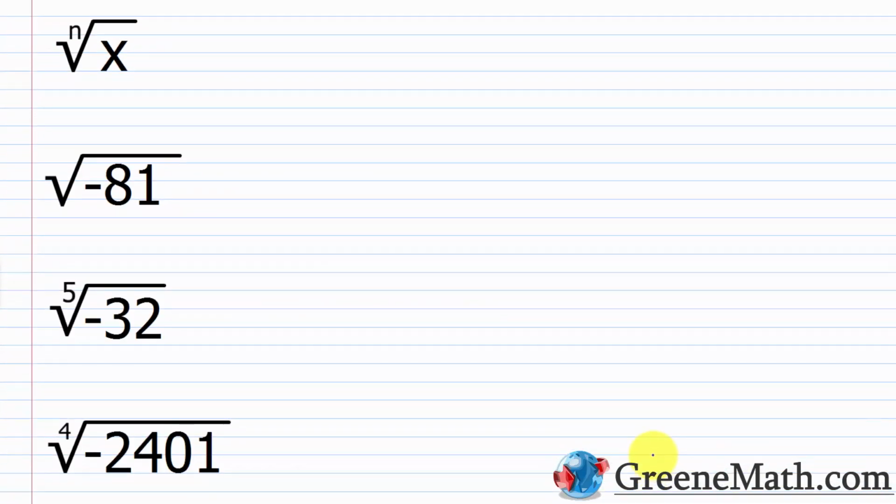All right, so let's talk a little bit about what happens when you work with variables. It's very important to understand that we can't take the square root or the fourth root, or again, an even root of a negative number. So when you work with variables, you don't know what the variable represents, so you have to be cautious. So if I have the nth root of x, I have to say that I can't plug in a negative value if n is even, right?